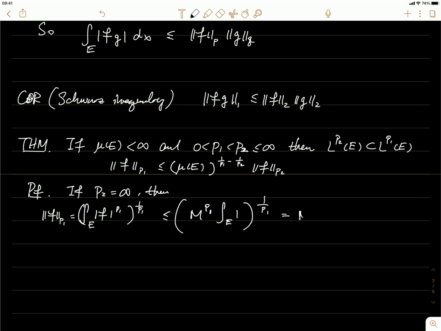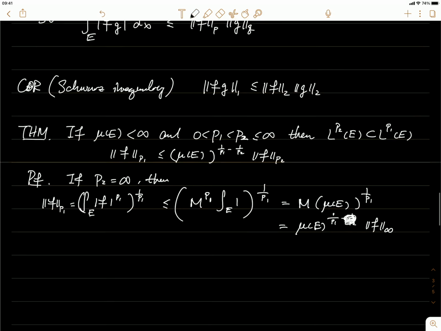And then apparently this is just equal to M times the measure of E to the power 1 over P1. Okay, and this right-hand side is nothing but the measure of E to the power 1 over P1 minus 1 over P2, but P2 is infinity, so it's just 1 over P1. And M is the infinity norm. Since M equals the infinity norm of F, apparently this inequality holds.